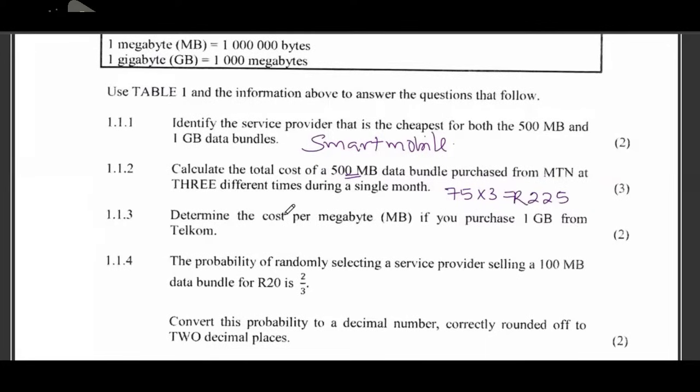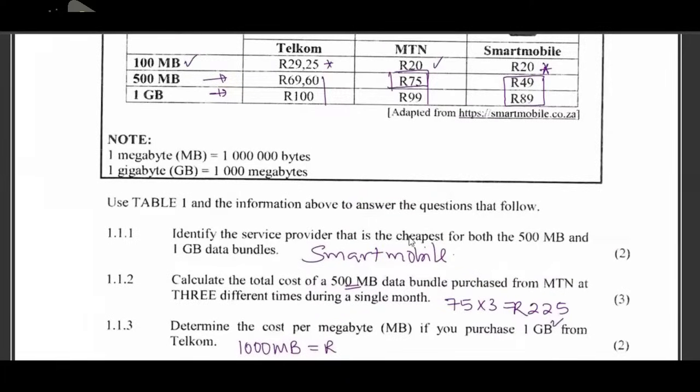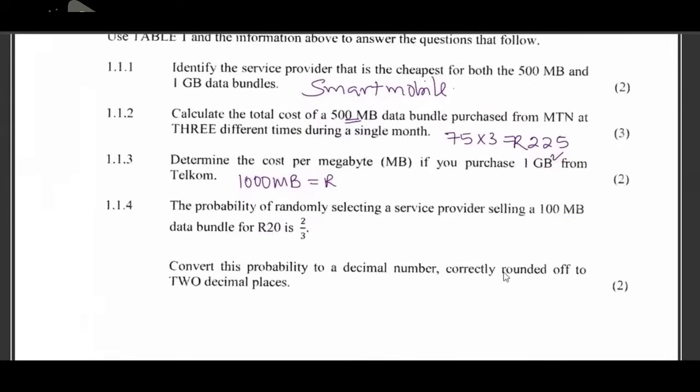Then determine the cost per megabyte, which is MB, if you purchase 1 gigabyte from Telecom. Take note, if you purchase 1 gigabyte, you change a gigabyte to megabytes. They have told us 1 gigabyte has 1,000 MB, so 1,000 MBs equals how much in Telecom? Telecom will charge 100 rands.